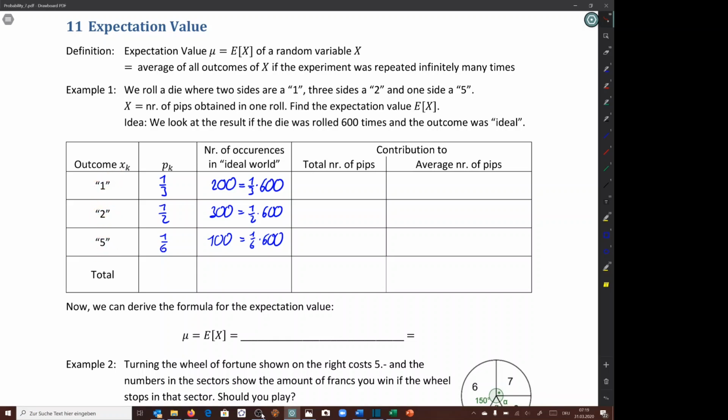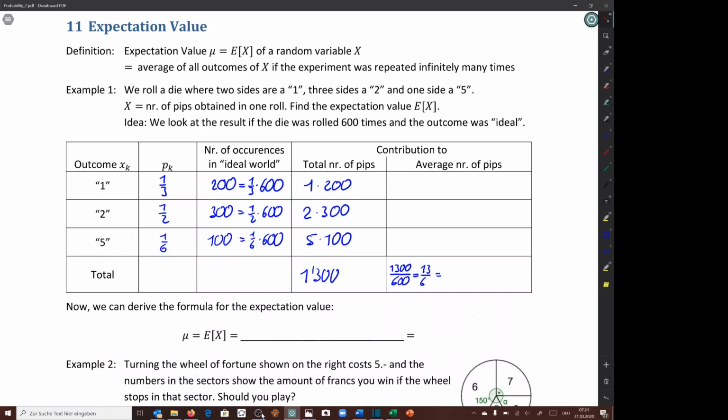Well, obviously, the number of pips obtained due to the ones is just 200, since 200 times a 1 occurred. The outcome 2 contributes 2 times 300, since 300 times a 2 occurred, and the outcome 5 contributes 5 times 100, since 100 times a 5 occurred.